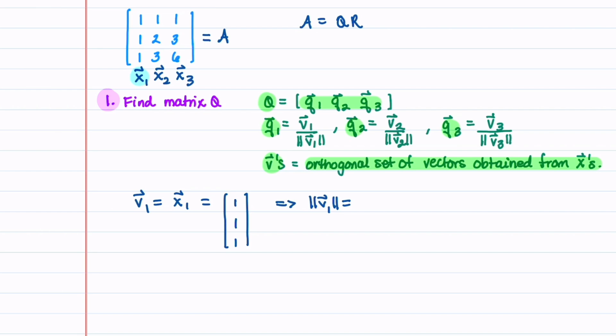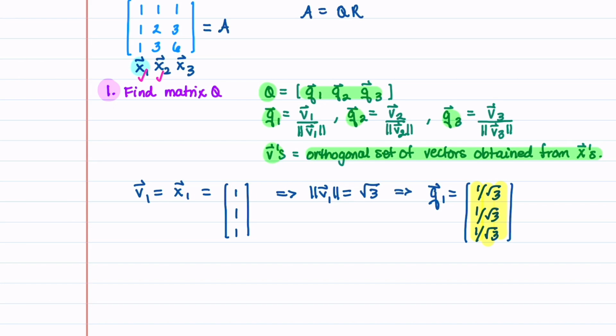That's going to be the square root of 1 plus 1 plus 1, which is root 3. So that tells us that vector Q1 is equal to 1 over root 3, 1 over root 3, and 1 over root 3. I'm going to highlight this in yellow so it will be easier to find later.